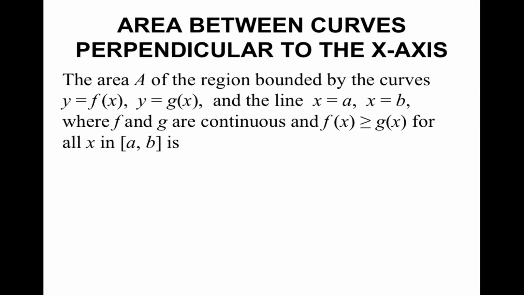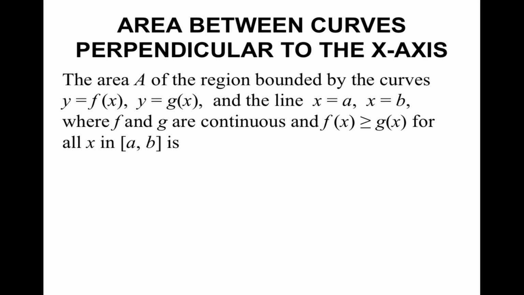So this leads to area between curves that are perpendicular to the x-axis. So the area A of the region bounded by the curves y equals f of x and y equals g of x, and the lines x equals a and x equals b, where f and g are continuous, and f is greater than or equal to g for all x in the interval a to b.